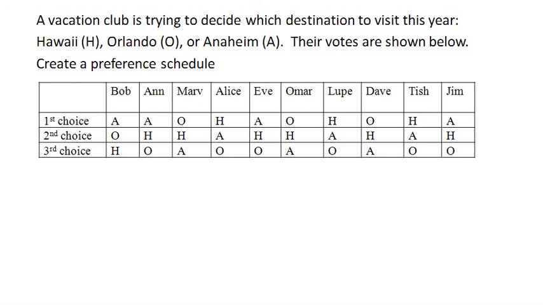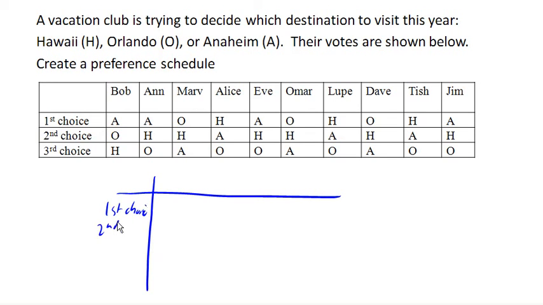So what we're going to do is create something called a preference schedule, and a preference schedule will take all these individual ballots and combine them into one table. So it's also going to list first choice, second choice, and third choice here.